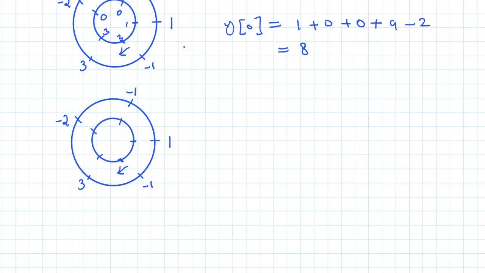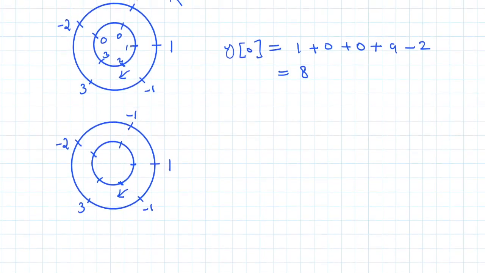And when you rotate the values in the counterclockwise direction, this 1 would become at this position, this 0 would be at this position, this 0 would be at 3, and this 3 will go to position of 2 and 2 will go to the position of 1. So this would be 2 1 0 0 3.